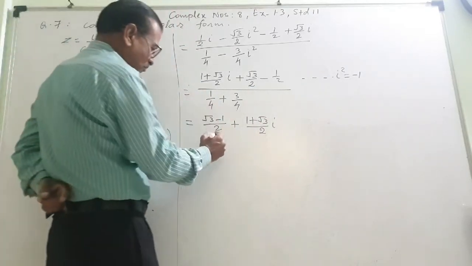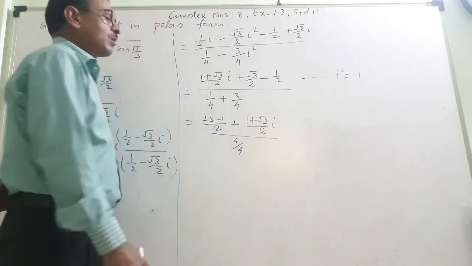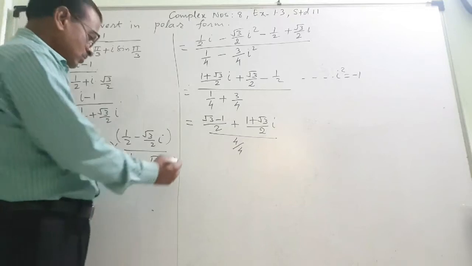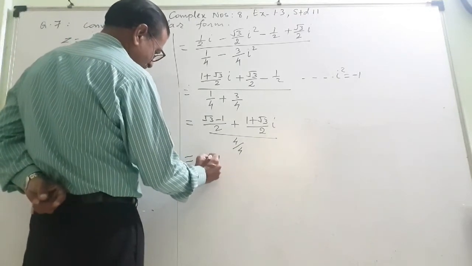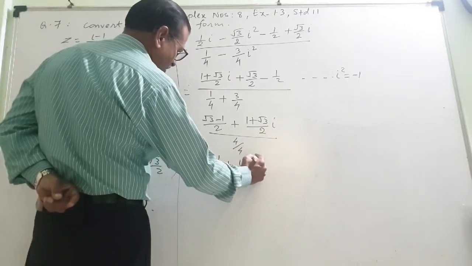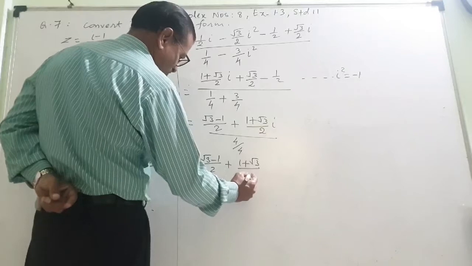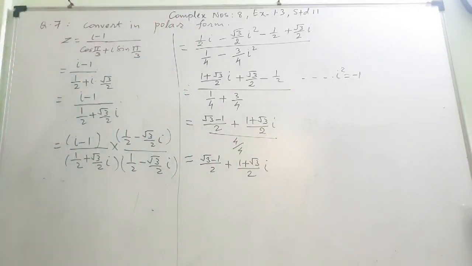And this is 4 upon 4, and 4 upon 4 is how much? 1. So this is equal to root 3 minus 1 upon 2 plus root 3 plus 1 upon 2i. Hope that you have understood this.